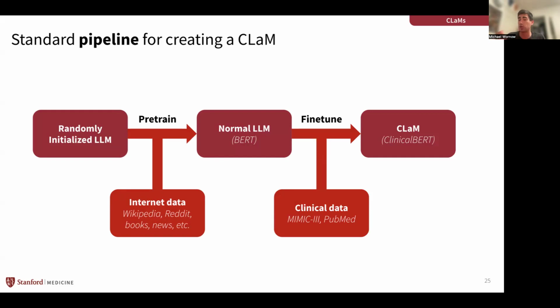So you continue to train your base large language model on this clinical data, and then out pops your clinical language model. Usually the authors will give it a prefix like clinical or bio or med. And so from BERT, you get ClinicalBERT. And this pipeline is basically how all of these large language models for clinical use cases are created.